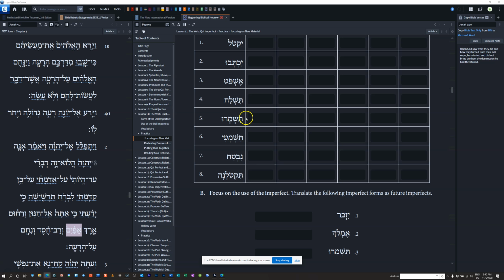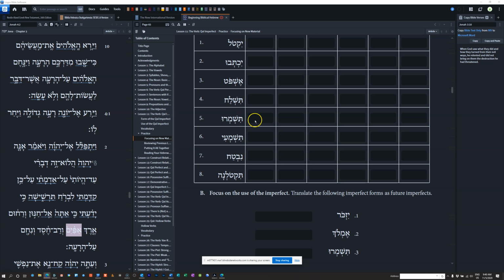To determine between those three, we have to look at the suffix. 3FP and 2FP, those feminine plural endings, are going to have a na suffix.